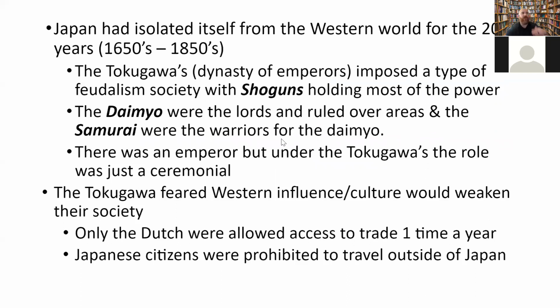So old school was a feudalistic system, shoguns with samurai as the warriors, the shoguns being the feudal leaders. So this is outdated as far as the way the rest of the world is operating, for the most part, except for certain parts of Russia.